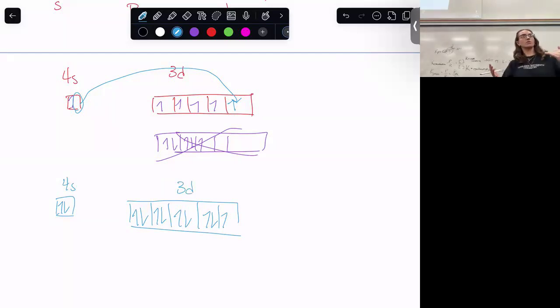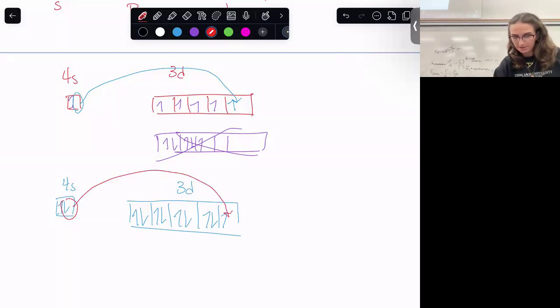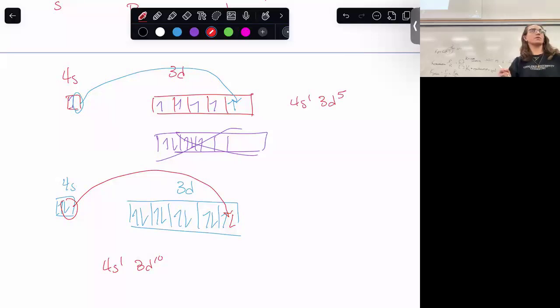It is actually energy favorable for the atom to take that paired electron in the 4s, bump it up here to pair in the 3d, because that actually lowers its energy as well. And so therefore we have 4s1 3d10, and this becomes 4s1 3d5. Do we see what's happening there?